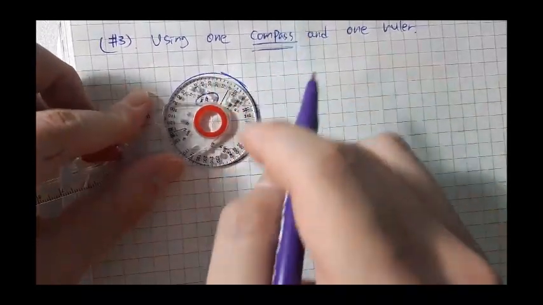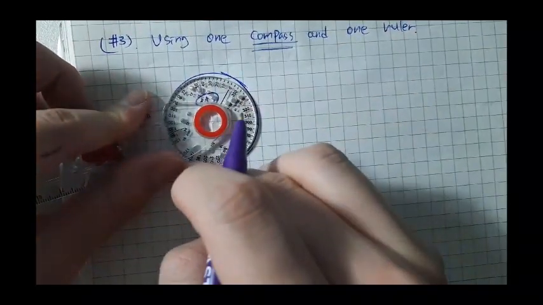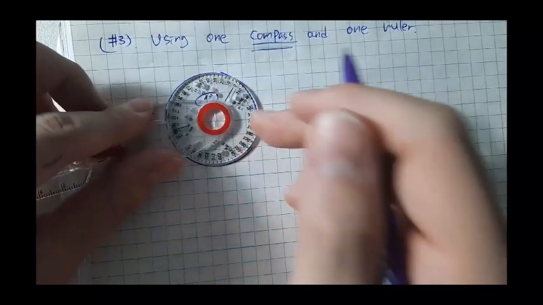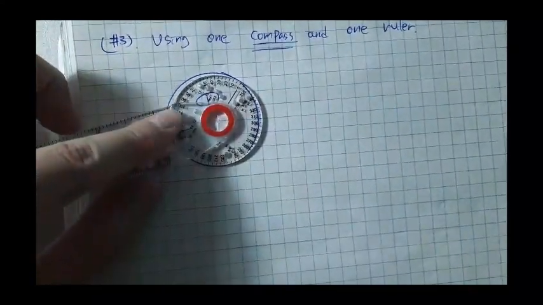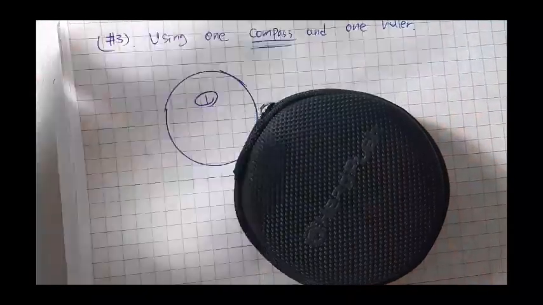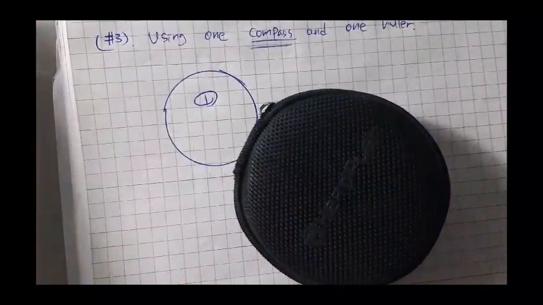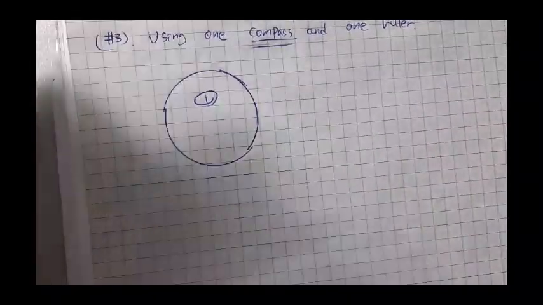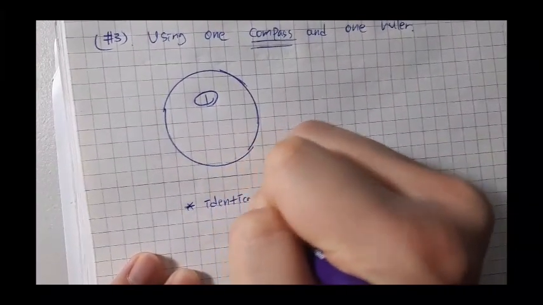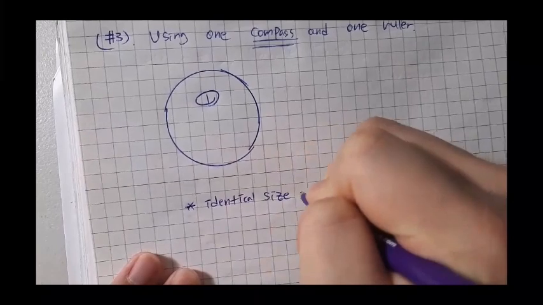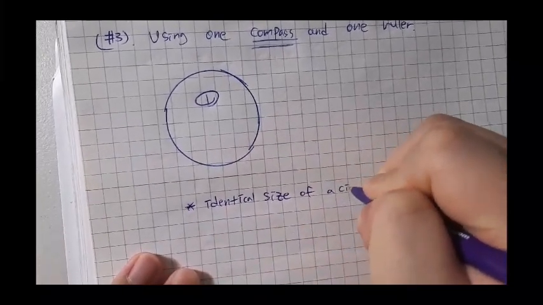If I use this circle as a reference, or if you use a coin or something like that, I cannot use a different circular object like this. It is not an identical circle. So make sure when it comes to this method, I have to construct an identical size of circle.